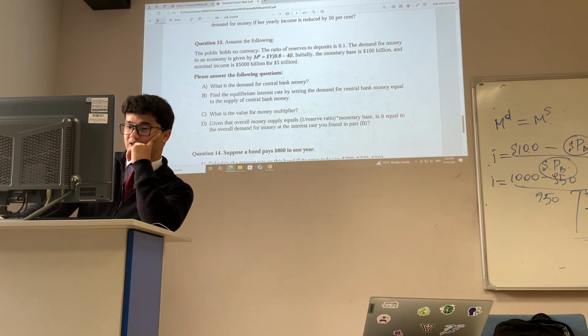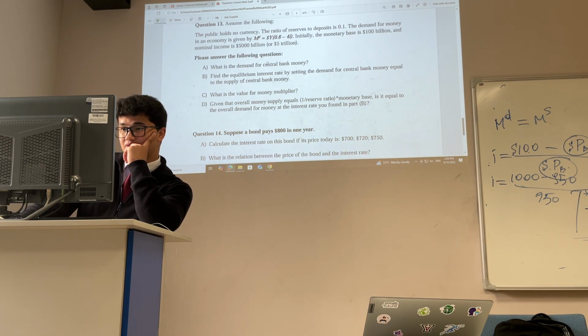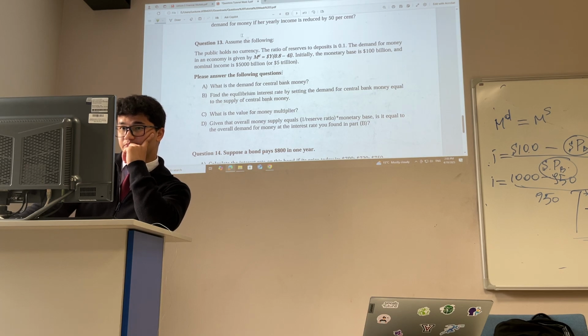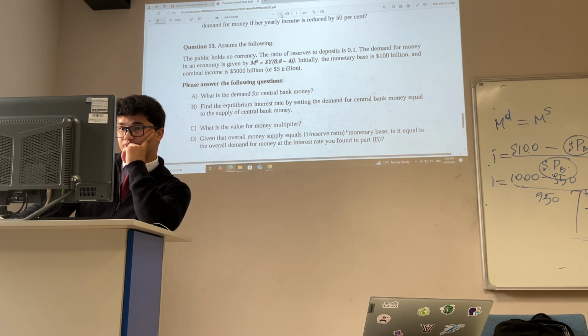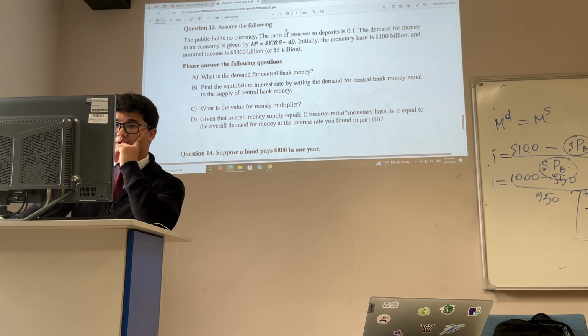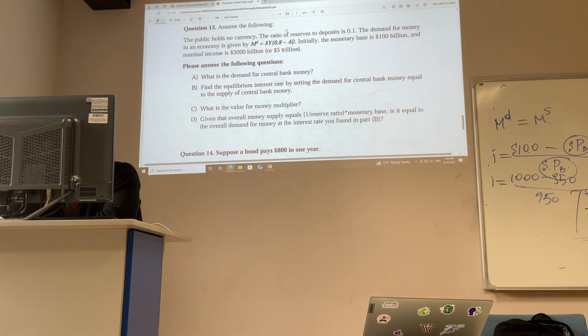Question 13. The public holds no currency. The ratio of reserves to deposits is 0.1. The demand for money in income is given by this one.